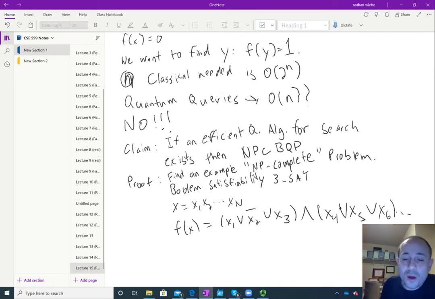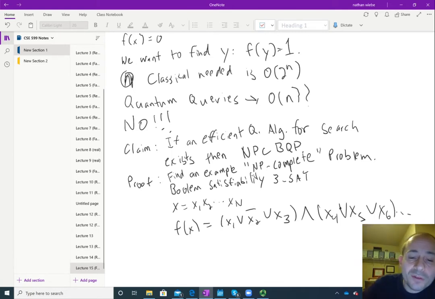Basically, this function is just the AND of a bitwise group of ORs between the individual bits, with occasionally negations thrown in between them.